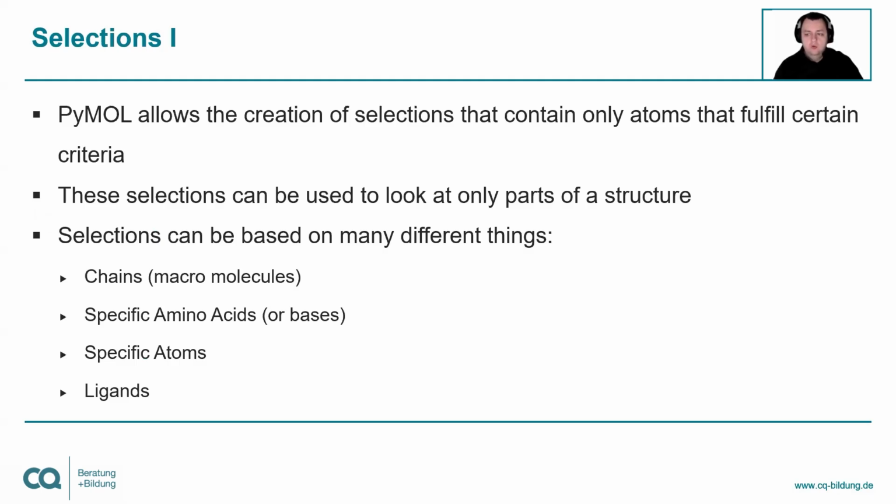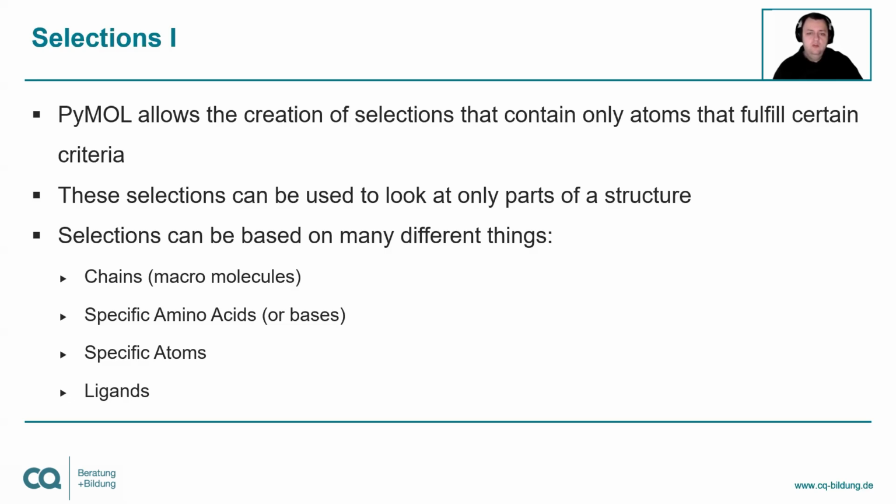So PyMOL goes through the corresponding structure and copies the coordinates of atoms that fulfill the corresponding criteria, and then creates a new object containing these copied coordinates. Therefore, selections can be used to look at only parts of a structure. For example, at a specific macromolecule or at a specific ligand, and so on and so forth.